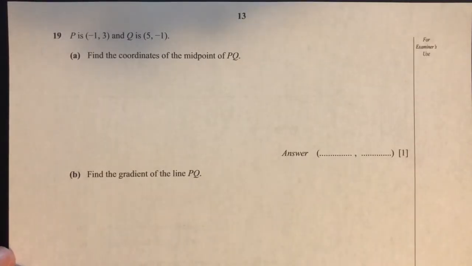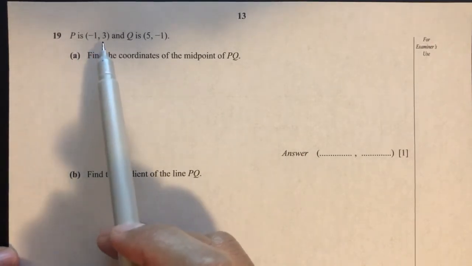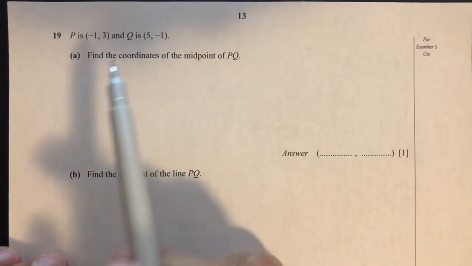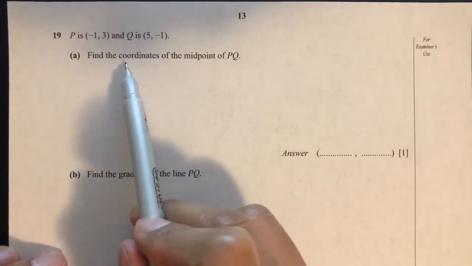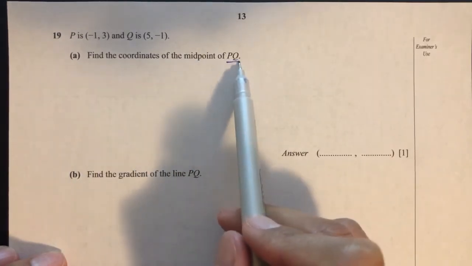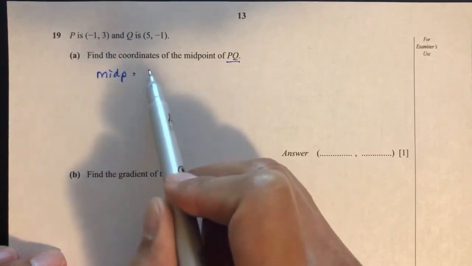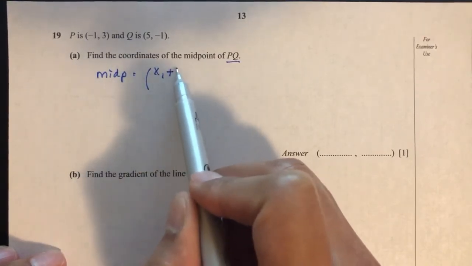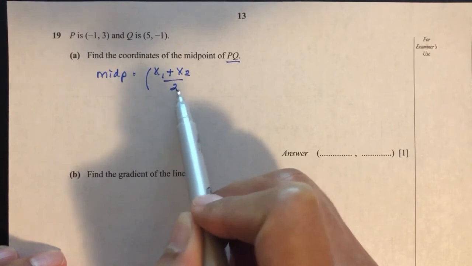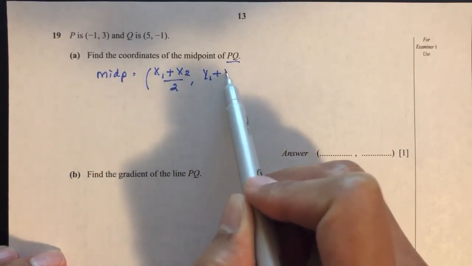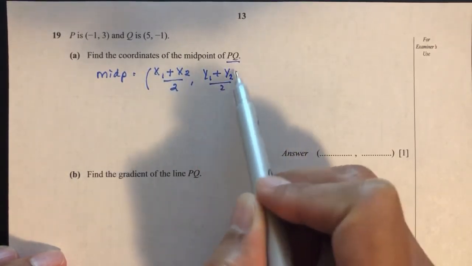Question number 19. P is a point minus 1, 3. Q is a point 5, minus 1. Part A. Find the coordinates of the midpoint of PQ. How do you find the midpoint? We have to use a formula, which is x1 plus x2 divided by 2, and then y1 plus y2 divided by 2.